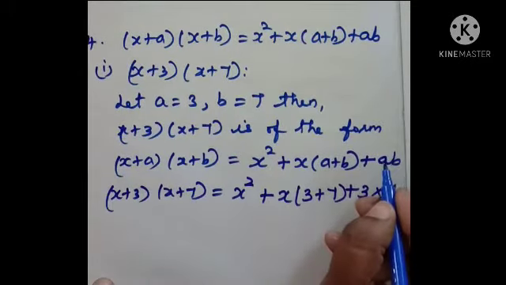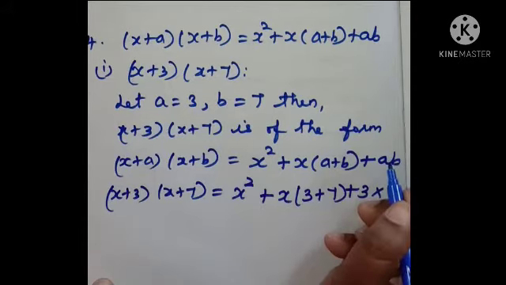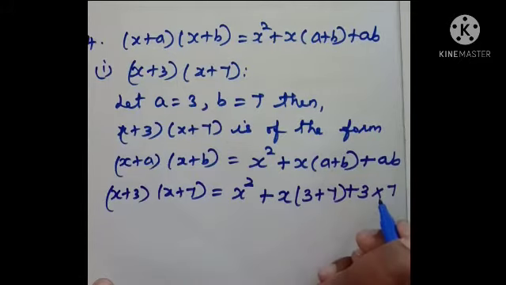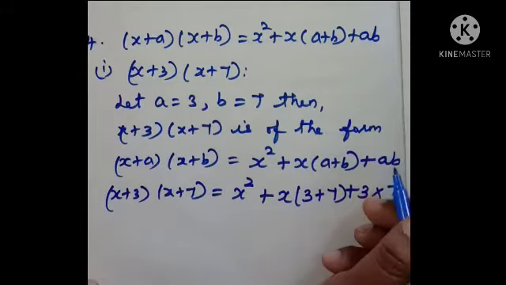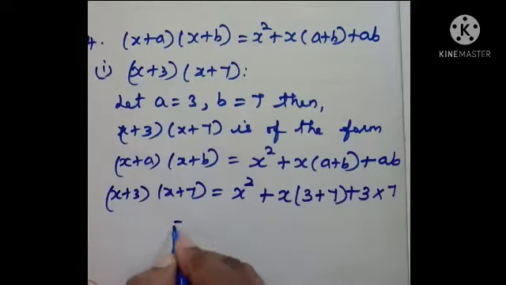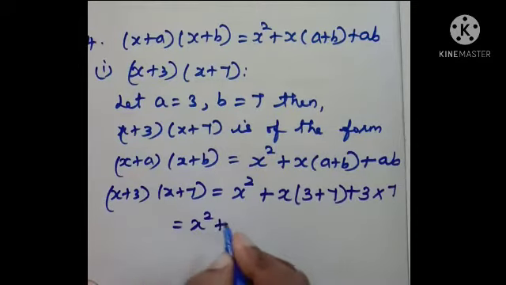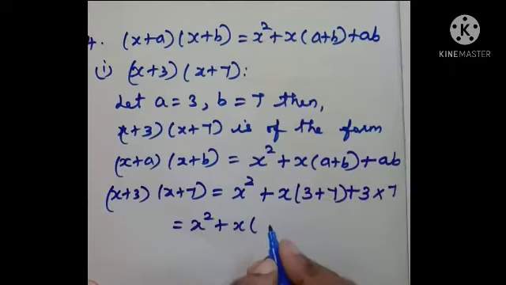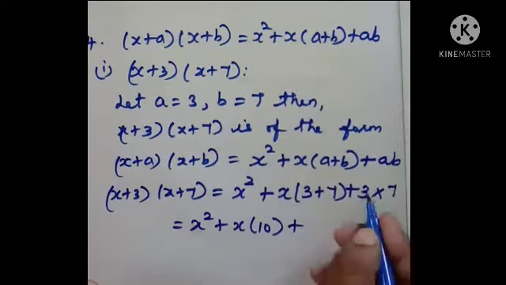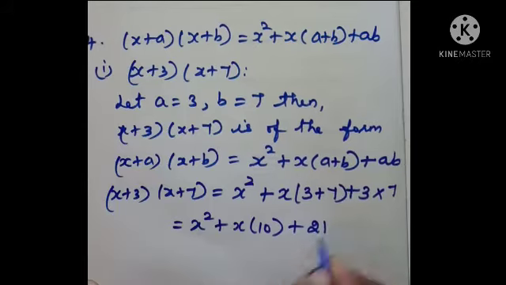If there is no sign between these two variables, we have to multiply. Put the multiplication sign between these two variables. In the next step we can write x² + x(7 + 3). 7 + 3 is 10, and 7 threes are 21.